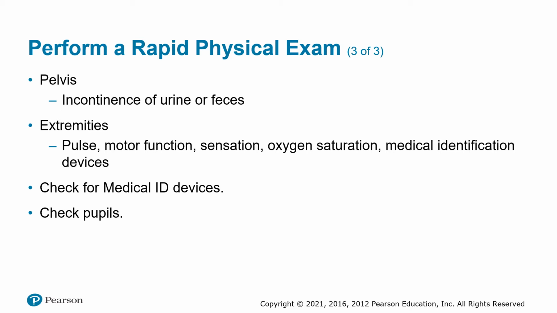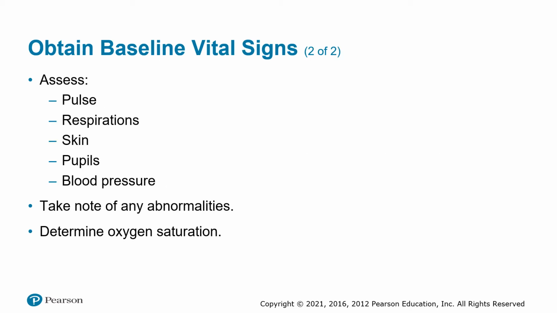Extremities, you're going to check for PMS, oxygen saturation, any kind of medical identification devices, and check for pupils. Then you're going to check your baseline vitals, the pulse, the respiration, skin, pupils, blood pressure. You're going to take note of any abnormalities and determine your patient's oxygen saturation.